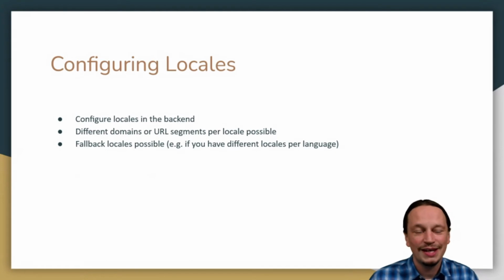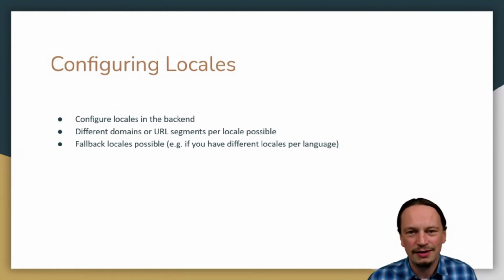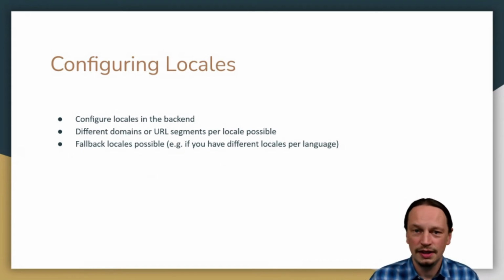I show you how. For each locale, you can have either a separate domain or a unique URL segment. And it's also possible to have fallback locales. Once we had a project for a pharma company who sells stuff to Germany, to Austria, and to Switzerland, and all these products have the same content, but on some pages with legal texts, they needed slightly different texts.